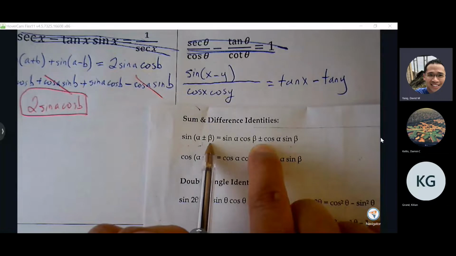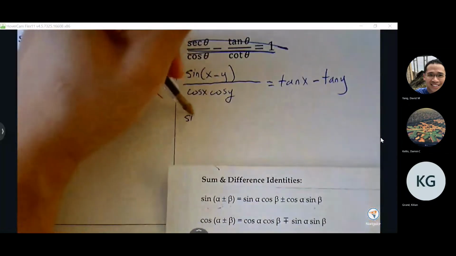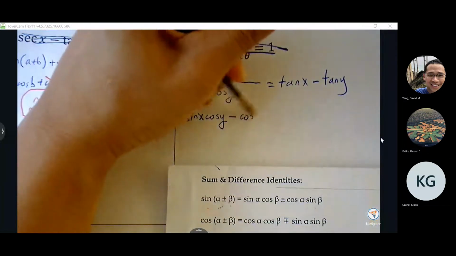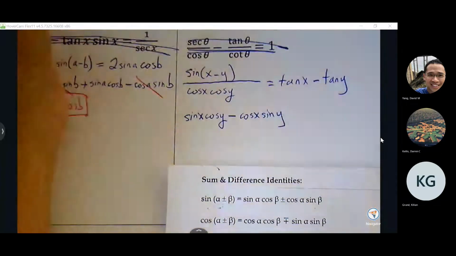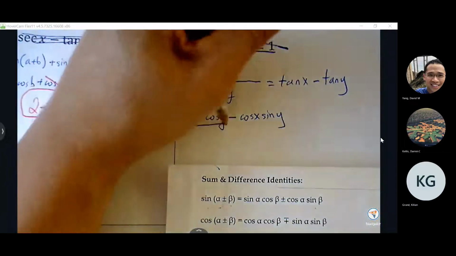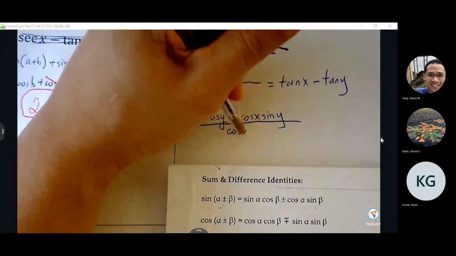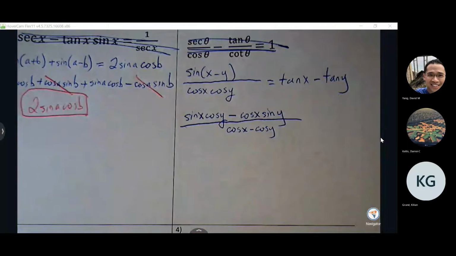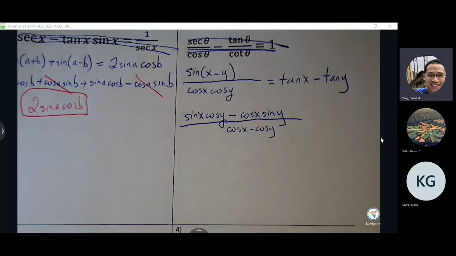For B, I'll put y. Okay, look at the structure here and look at what we're trying to get to. What would your next step be that can move us closer towards that right side?